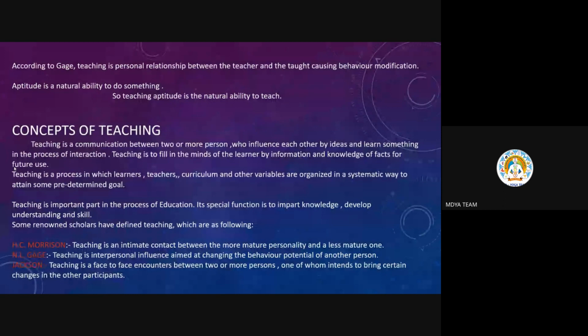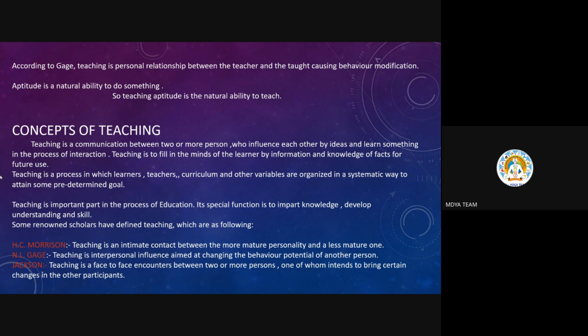That is why in the UGC NET paper they test the teaching ability of the student, because after clearing this examination, all you have to do is to teach someone. So that is why there is a unit related to teaching ability.